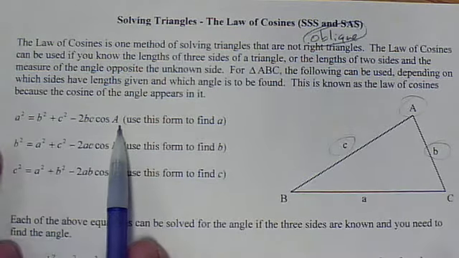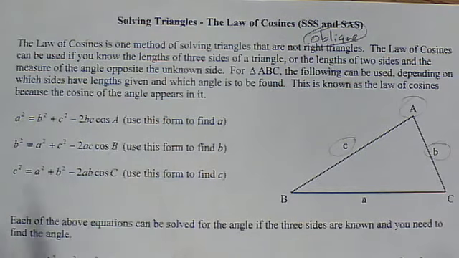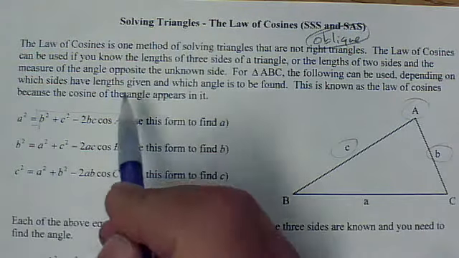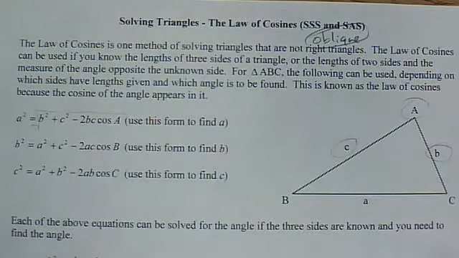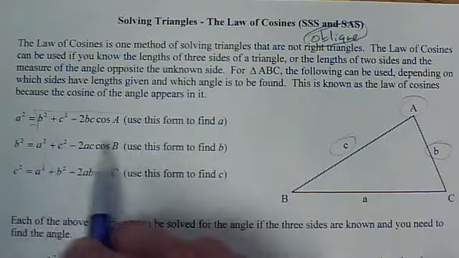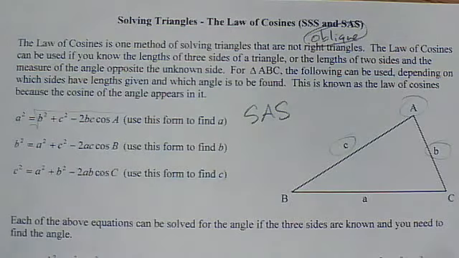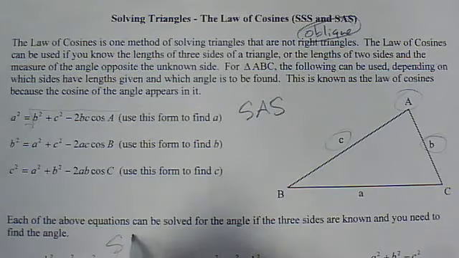And we're using the calculator for this portion, so make sure that you put your calculator in degrees in order to be able to use the formula here. And so you'll end up taking a square root of everything. Now, this formula right here is if you know side, angle, side. And then this formula right here is if you know side, side, side.